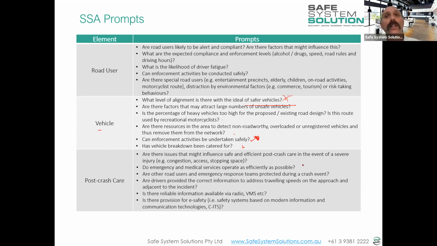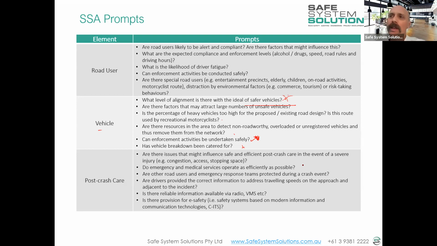Interestingly, in the early days of safe system assessments, I was in New Zealand with Bruce Corbin, and we were sort of doing some of the safe system assessment thinking for the Coromandel loop there, and running through these sorts of questions with the groups, and that was one where there was a lot of discussion about that ability to get injured motorcyclists from some of those areas quickly to be treated, and the semi-remoteness of it, and the time, and discussions around those sorts of helicopter landing areas, and working with emergency services if possible to do that.